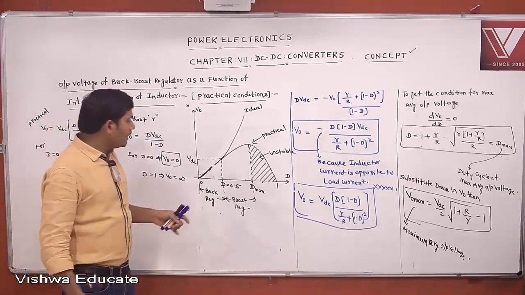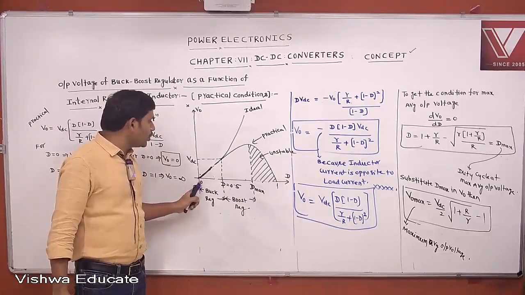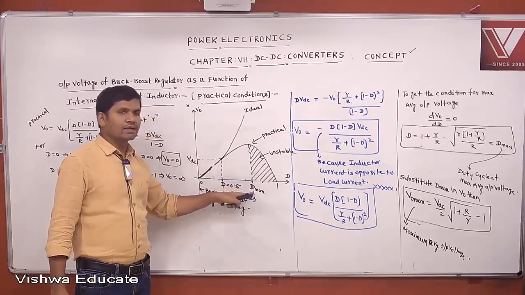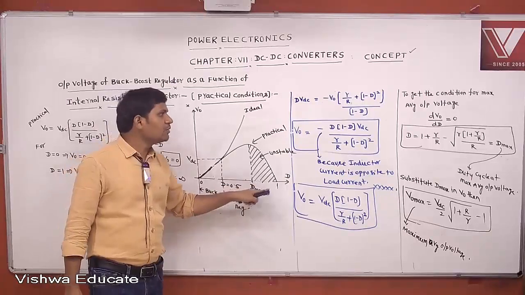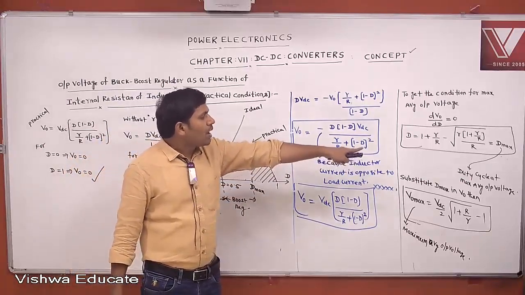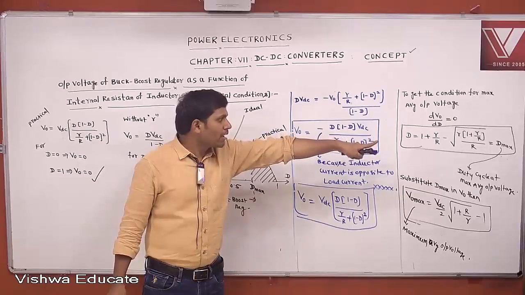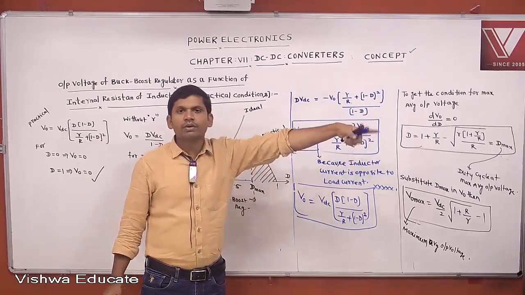That means practically the buck regulator will operate from 0 to 0.5. Boost regulator will operate from 0.5 to D max. What is that D maximum value? 1 plus small r by capital R minus square root of small r into 1 plus small r by capital R, that equal to D max.